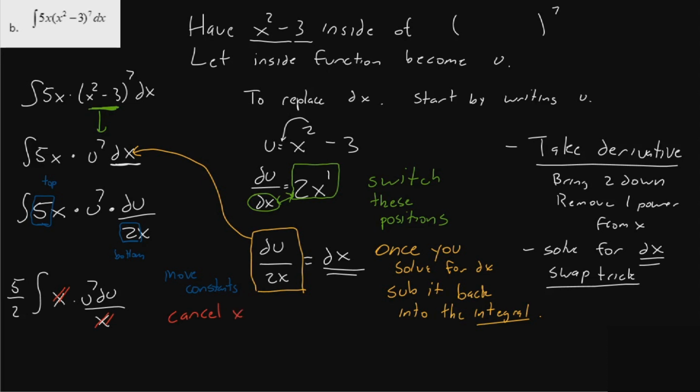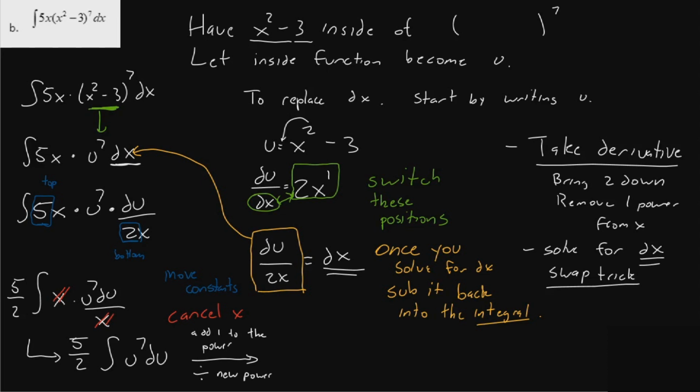And now we'll have 5 over 2 integral of u to the 7th du. So remember, now we can just take the integral. Now to take the integral of u to the 7th, we now add 1 to the power and then divide by the new power.